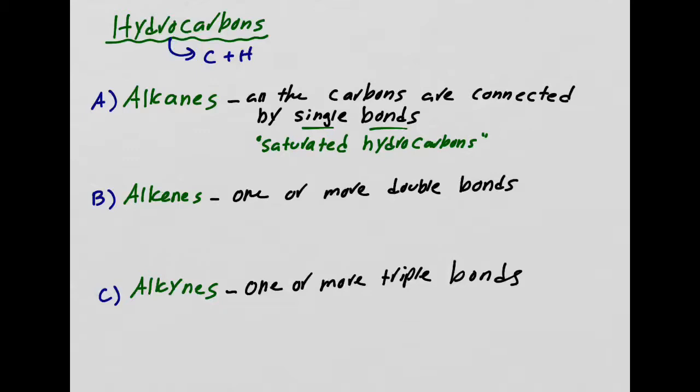Now, one thing I want you to remember: alkanes are carbon-carbon single bonds, alkenes are carbon-carbon double bonds, and alkynes are carbon-carbon triple bonds. I've exaggerated a little bit, but it gets the point.